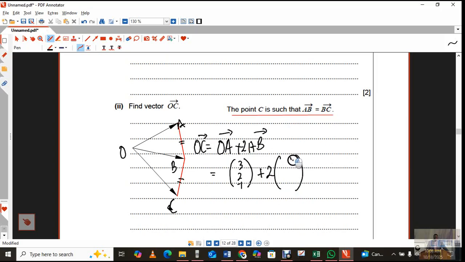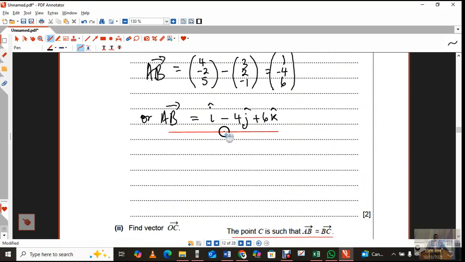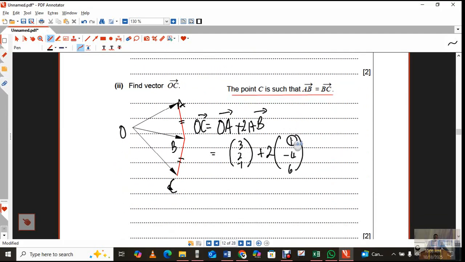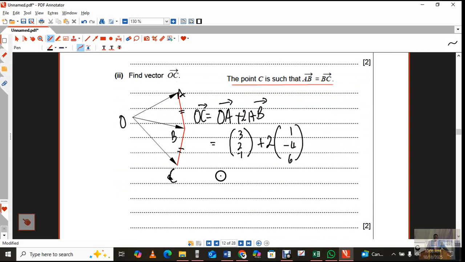From what we gathered in the second part, it was 1, -4, and 6. So twice that. We can actually multiply out that scalar. So we have 3, 2, -1, and then 2 times 1 is 2, 2 times -4 is -8, and 2 times 6 is 12.